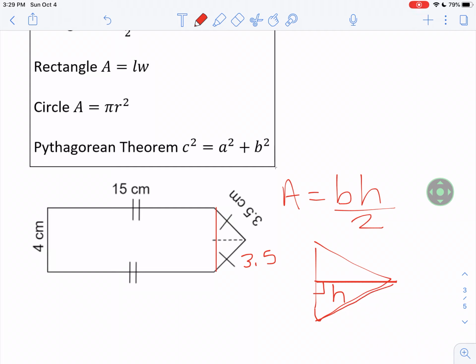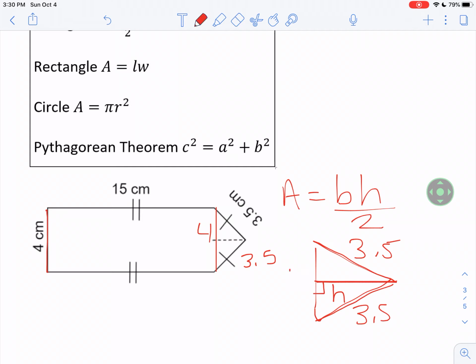These sides here, these are the side lengths. This is 3.5 and this is 3.5, but you don't see that in this formula. So we don't actually need the 3.5. We need the base. The base we can find because the width of this rectangle is 4, so this would also be 4.